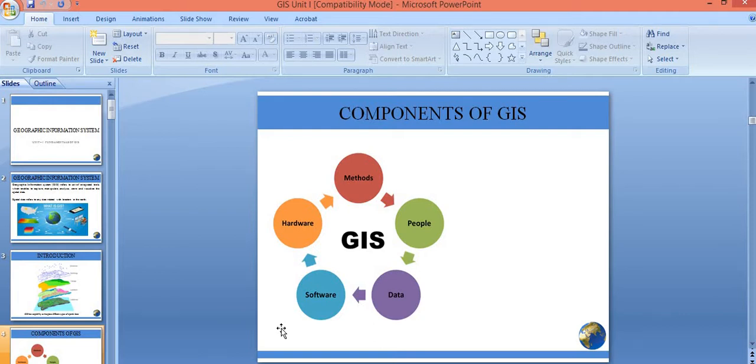Spatial data means any data which is associated with some geographic location is what is referred to as spatial data. And non-spatial data means it will not be associated with any geographic location.